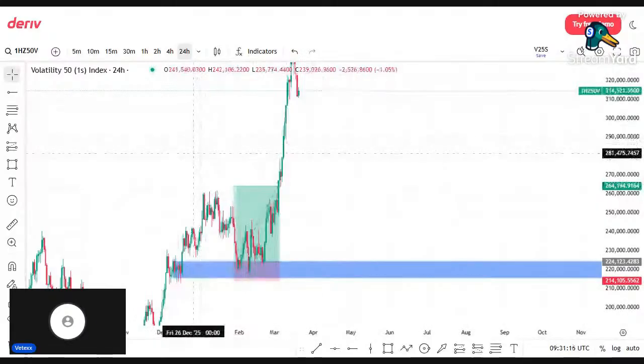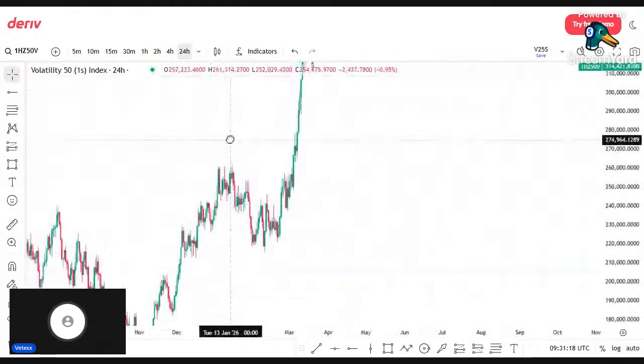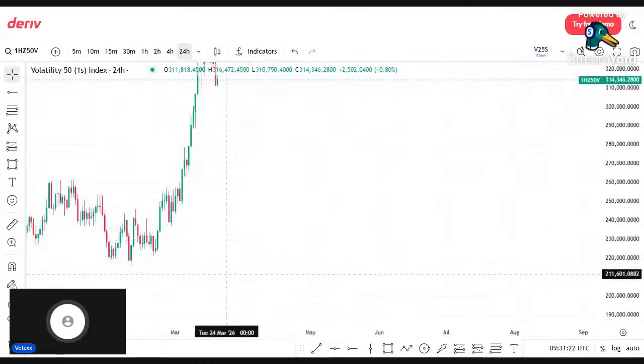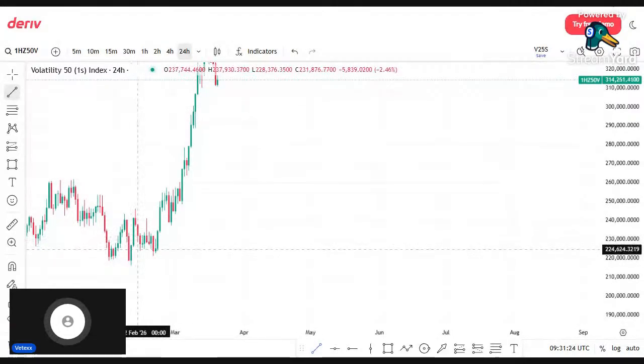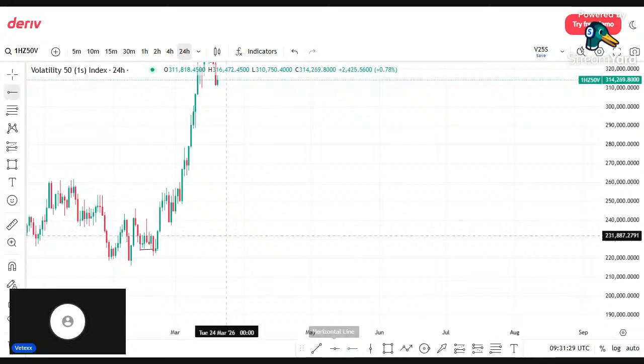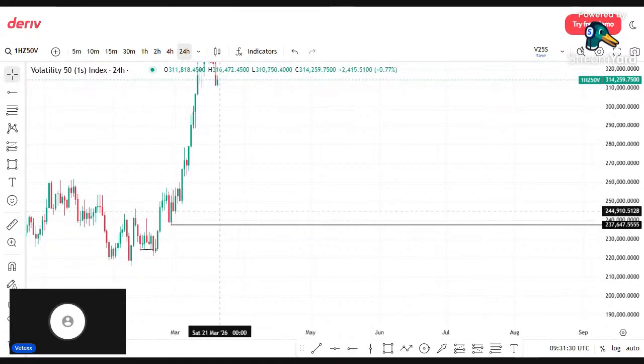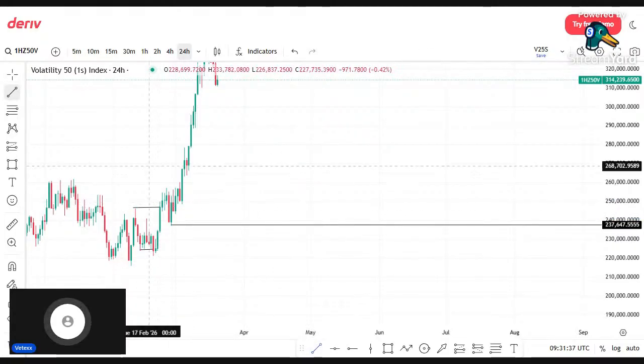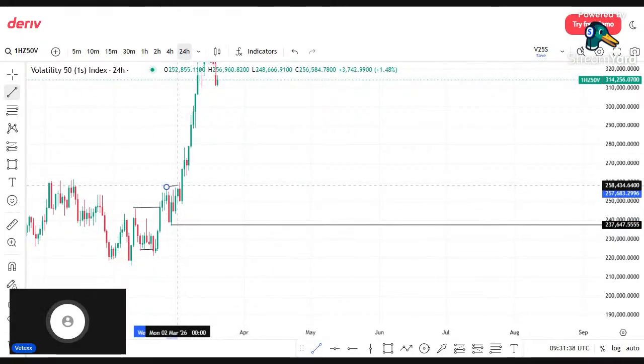So if you check again, you see that after price moved, it gave us a continuation, which we have what? A sweep of liquidity on a daily time frame here, and then we have our structural liquidity here. We have our break of structure, which is this first break of structure, and this is our second break of structure.